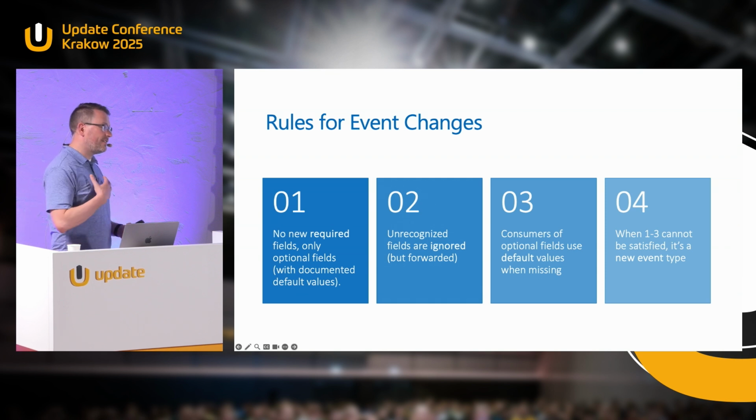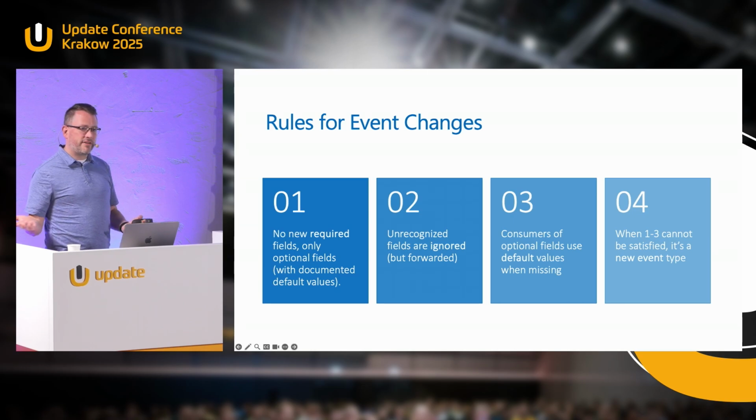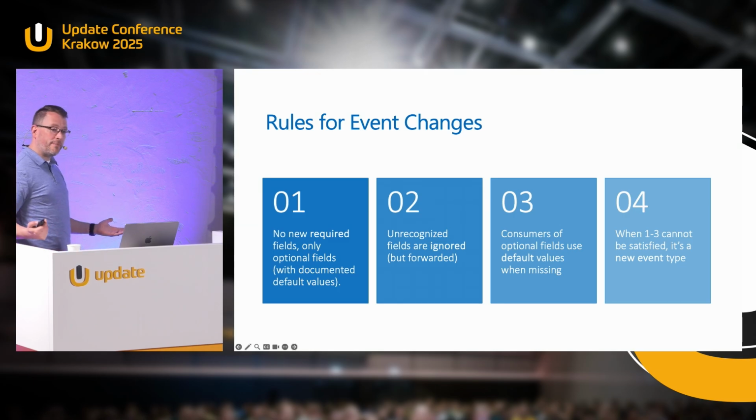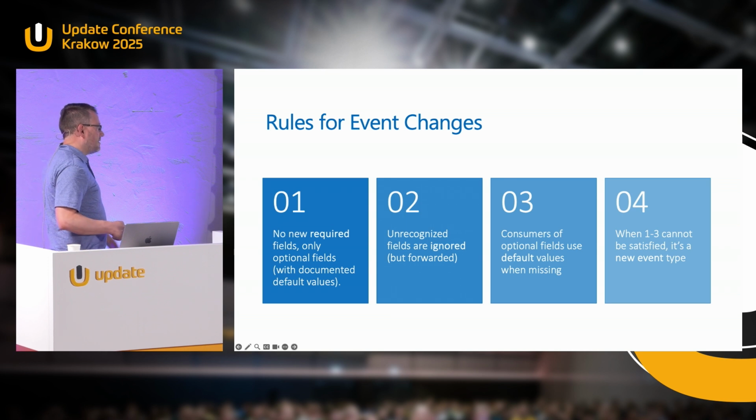So if I receive an event in my microservice, and I say, I've never seen that field before, I don't know what that means, I'm going to just ignore it, but I need to forward it on if I then create another event that says, hey, I received this thing and I did this with it. I need to forward that information on so that other microservices that might know what that means are able to handle it. Number 3, all the consumers of these events need to be aware that optional fields have default values and use those whenever they're missing.